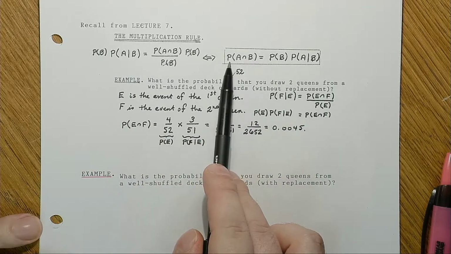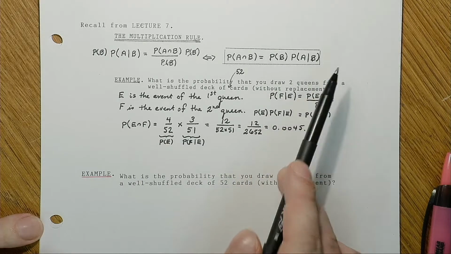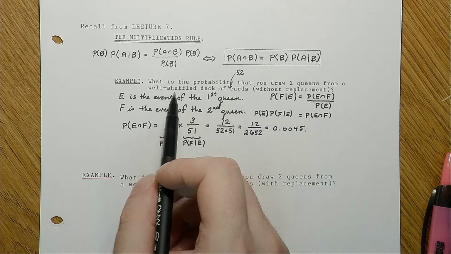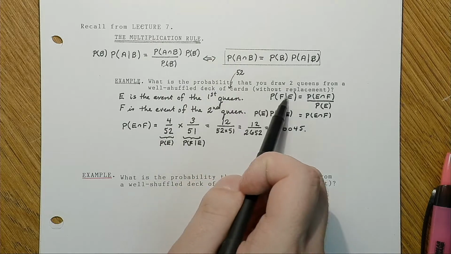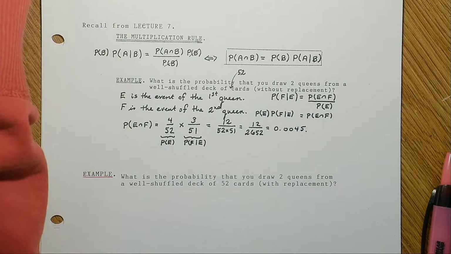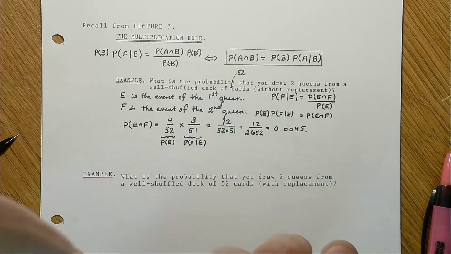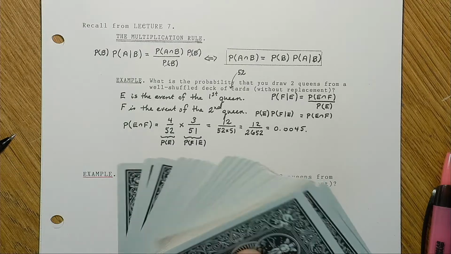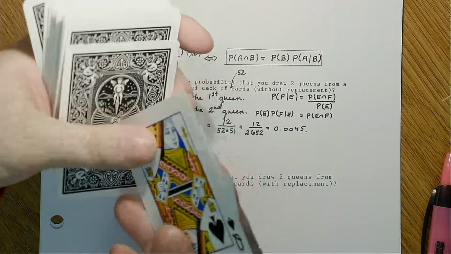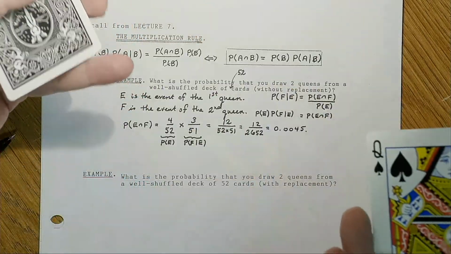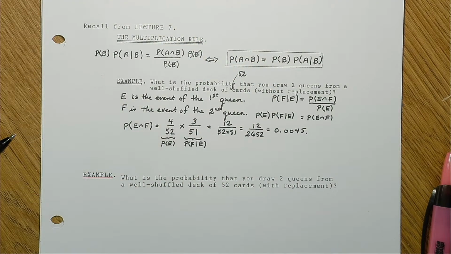So we had the probability of A and B is equal to the probability of B times the probability of A given B. And we had done this example of what is the probability that you draw 2 queens from a well-shuffled deck of 52 cards without replacement. There's 4 queens.